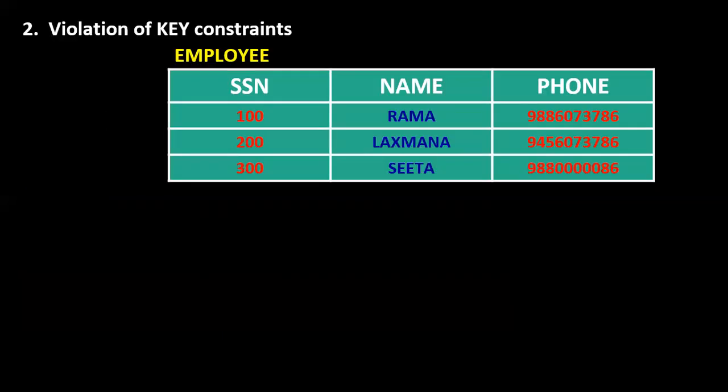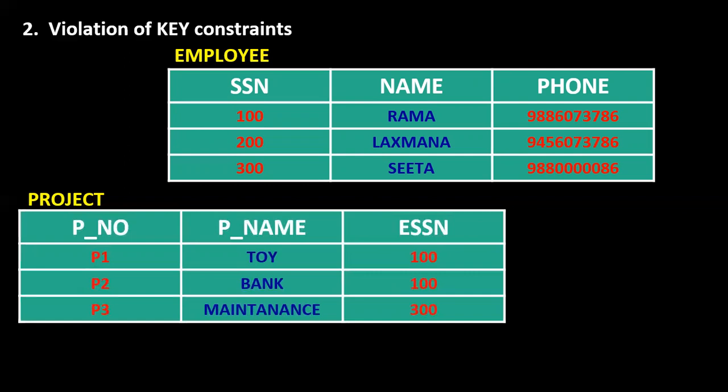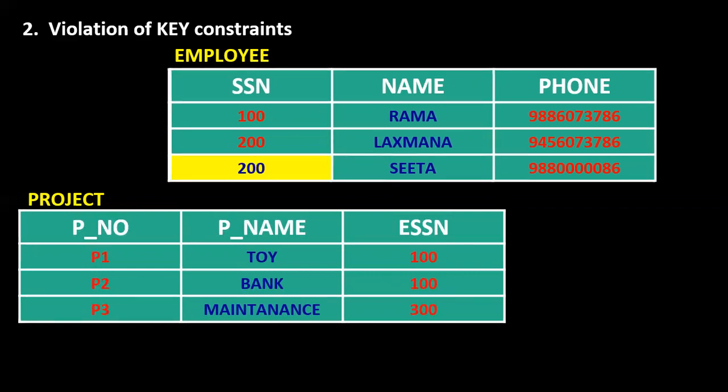So now we'll take one more violation, of key. Here again we have the employee table and the project table. In employee we have 100, 200 and 300. In the project table 100 and 300 are referring. Now I want to change the employee SSN to 200.